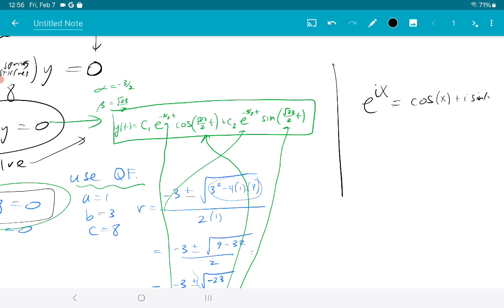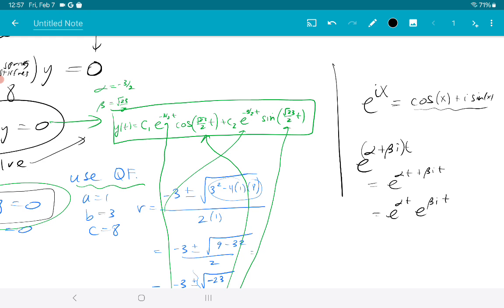Anytime you have an i in your exponent for e, it actually results in cosines and sines. Well, imagine you had e to the alpha plus beta i times t. I hope you realize we could write this as e to the alpha t plus beta i t, which is e to the alpha t times e to the beta i t.